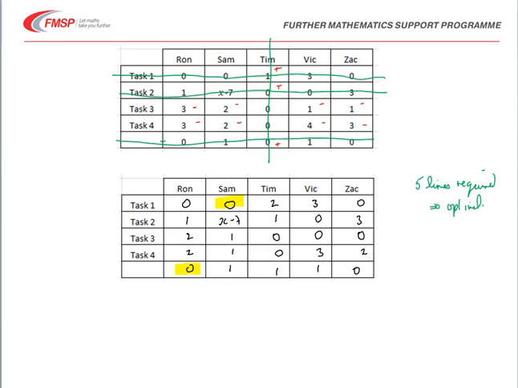Moving on from there, Vic must do task 2 because there's only the 1 0 there. Once we've got that, Tim is doing task 4 and Zach doing task 3. So Zach can't do 1, it's already allocated, or the dummy, so the only one that Zach can do is 3, and therefore Tim must be doing 4. So there's our allocation given that situation.